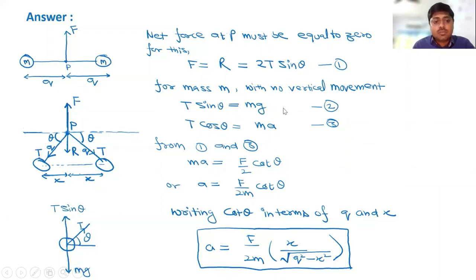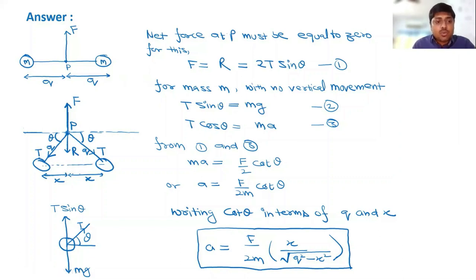This will be valid for both the bodies. And T cos theta will be equal to mass into acceleration. This relation is coming because when we are pulling this string from this point with this force F, then these two bodies are also moving along the horizontal plane towards each other, and we assume they are moving towards each other with the acceleration a.